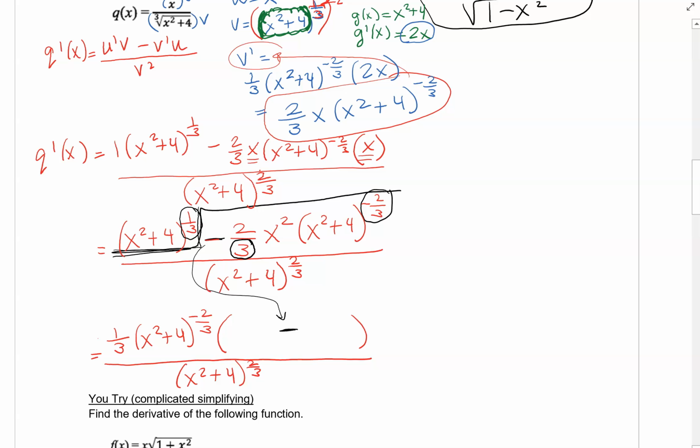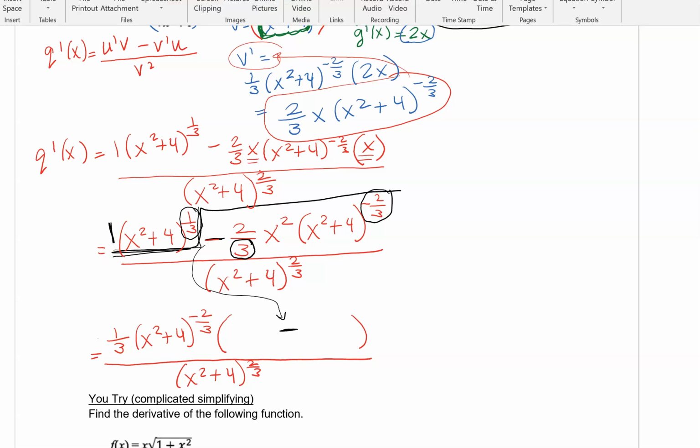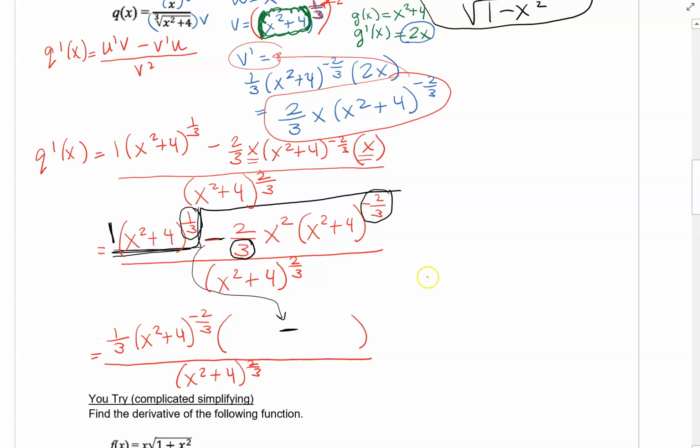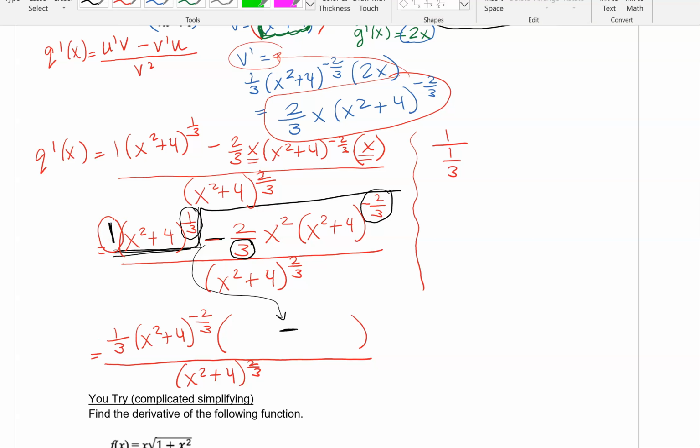Okay, so first let's do the x squared plus 4 to the 1/3 divided by these two things. Well, first, let's think of this as having a 1 in front. Let's do the number part first. So if I do, and I'll do some scratch work off to the side here, 1 divided by 1/3, which is what I have going here, because again, when you're factoring something out, you're basically dividing it from both pieces.